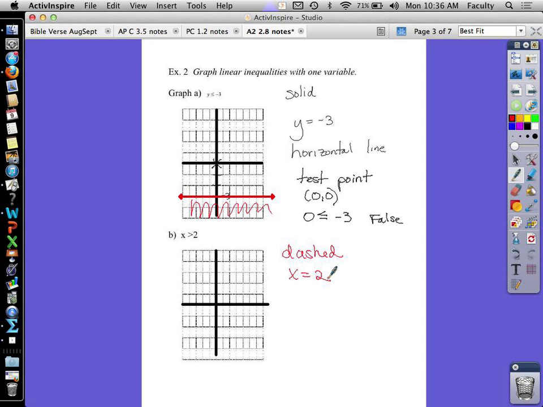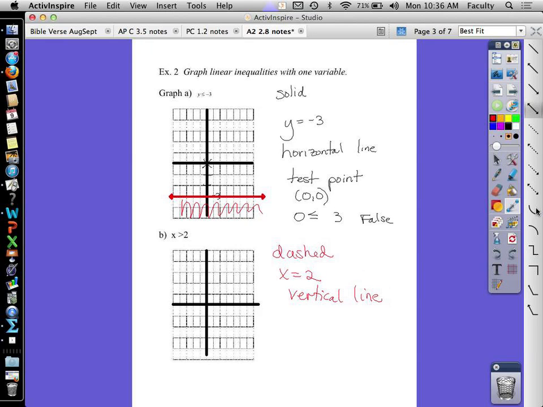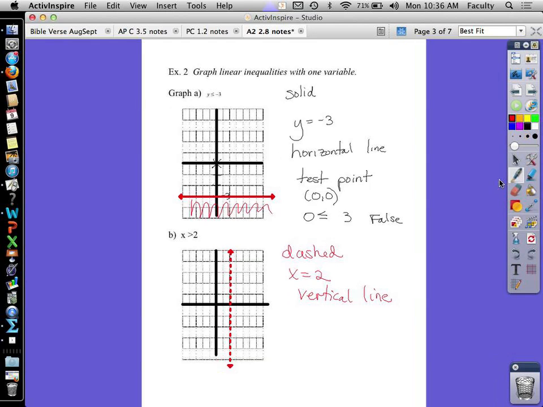So Jaslyn, what is the graph of x equals 2? What kind of line? It's a vertical line. So that's not real hard for us. Let me make a dashed line through x is 2. Make sure you are putting arrows on the end of your line.